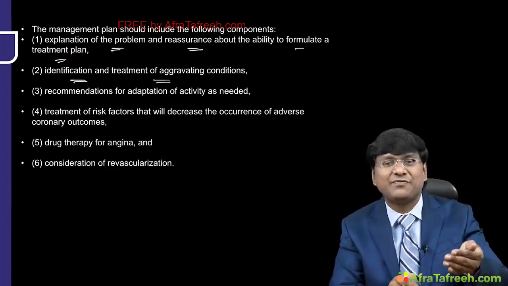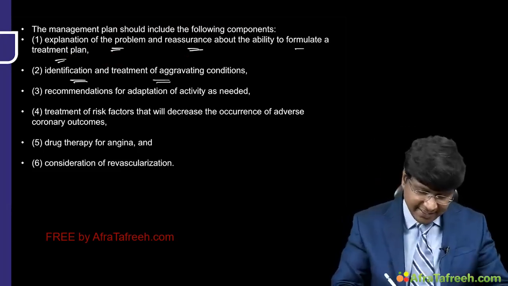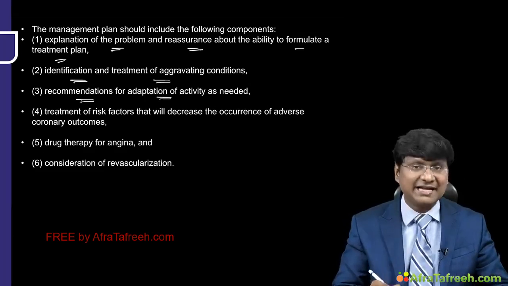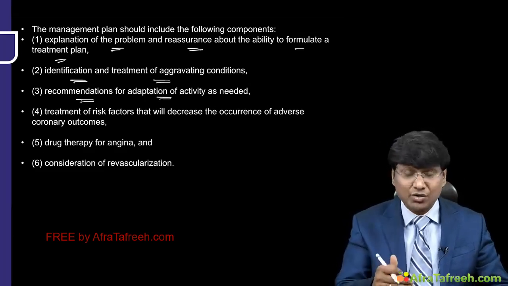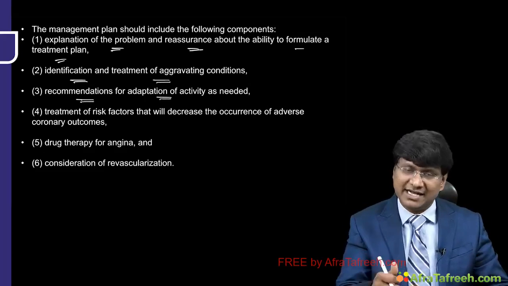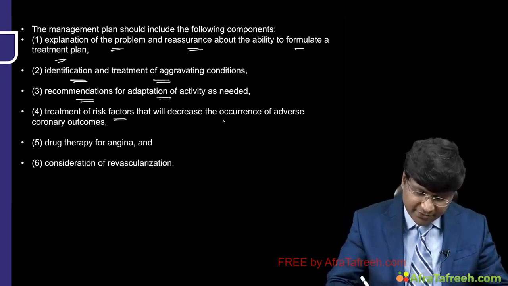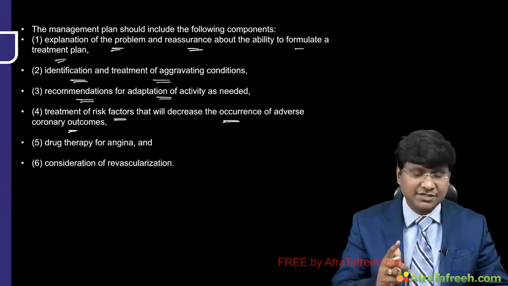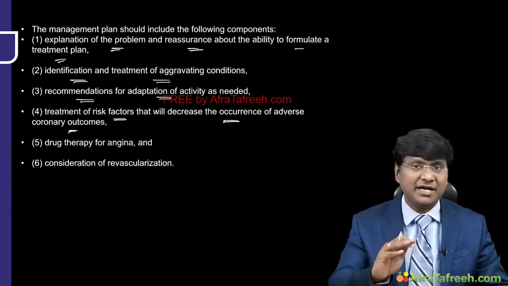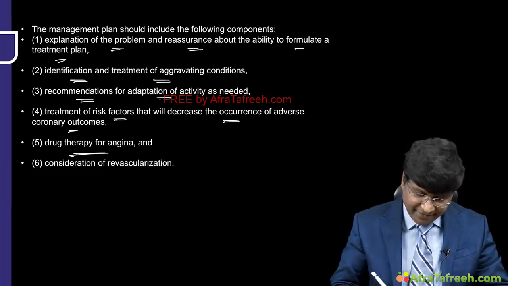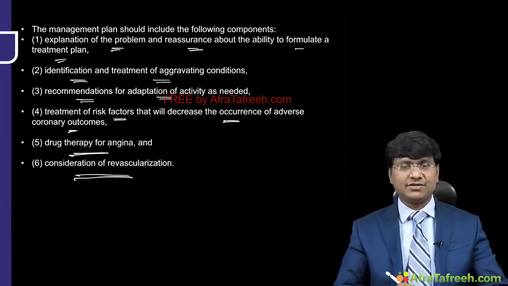That means the risk factors. Then recommendation for adaptation of activity as needed. What are those adaptations that we need to take? I will discuss. Then next is treatment of the risk factors that will decrease the risk of adverse outcomes, like diabetes, hypertension, dyslipidemia; alcohol should be stopped. Then drug therapy for angina and consideration of revascularization.